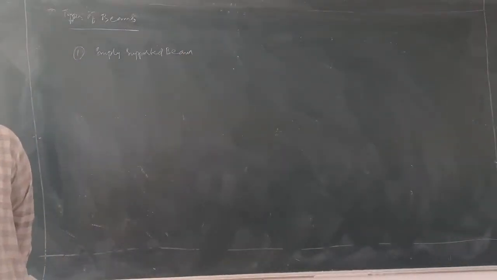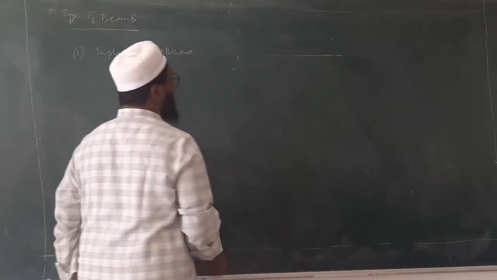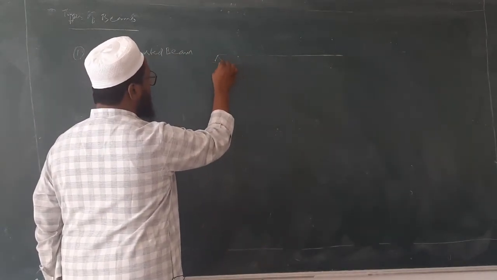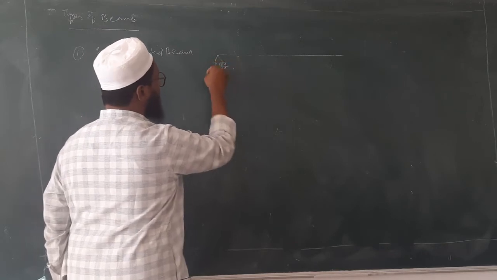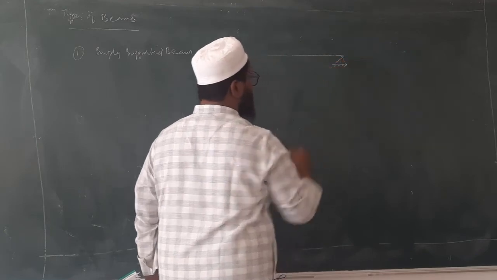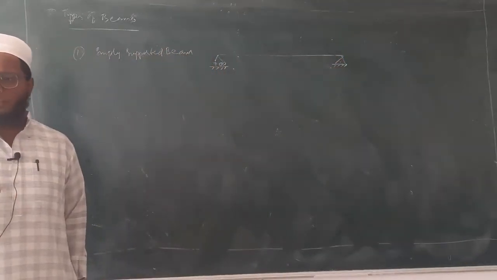Suppose for example this is the beam and it is resting over two supports. This support is roller support, and this support is hinge support. So this is also what beam? Simply supported beam, the beam which rests on two supports.